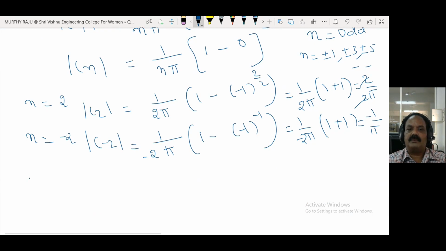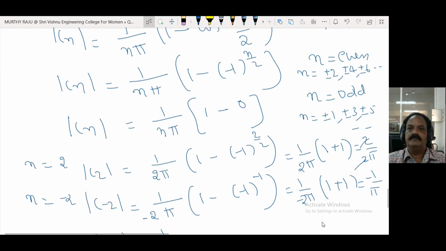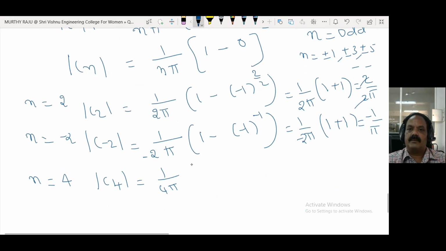N is equal to 4. That is C4, 1 by 4 pi, 1 minus (-1) whole power n by 2, 4 by 2 is 2. (-1) whole square is 1, that is 1 minus 1, that is 0.